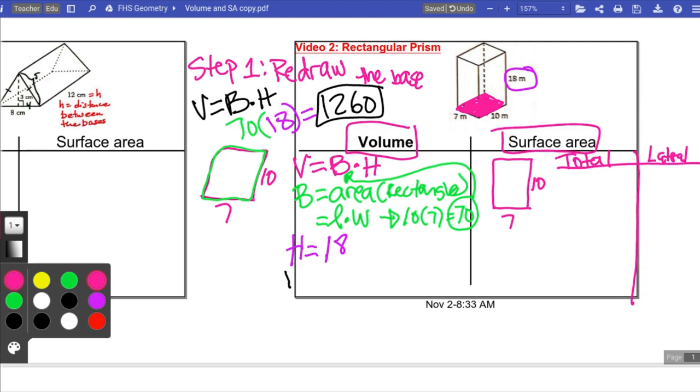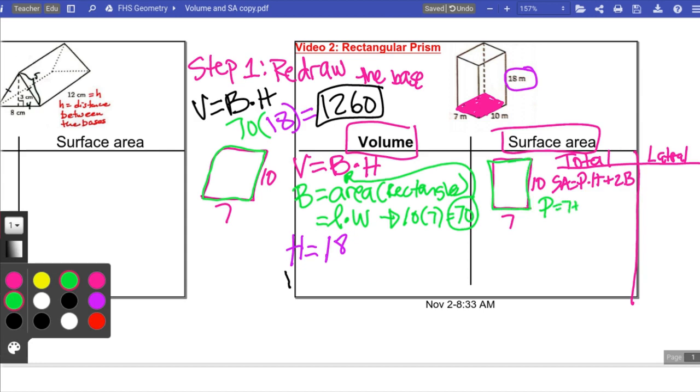The formula is SA equals P times big H plus 2 times big B. Perimeter first. Perimeter of this thing right here means add the sides.